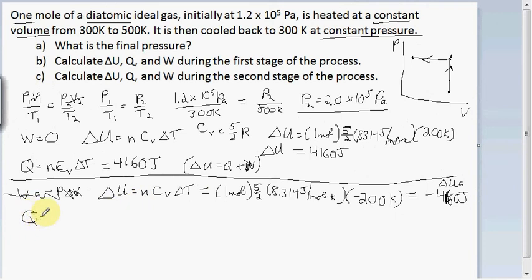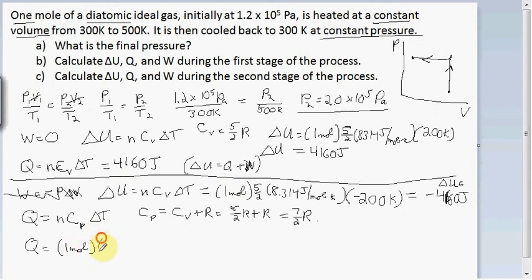Now Q, because the process takes place at a constant pressure, I can write Q equals n C sub P delta T. Now C sub P is equal to C sub V plus R, which is 5 halves R plus R. You can think of this as 5 halves plus 2 halves, which gives me 7 halves R. And so I can say Q is equal to 1 mole times 7 halves times 8.314 joules per mole Kelvin times minus 200 kelvins, which gives me minus 5,280 joules. So that's Q.